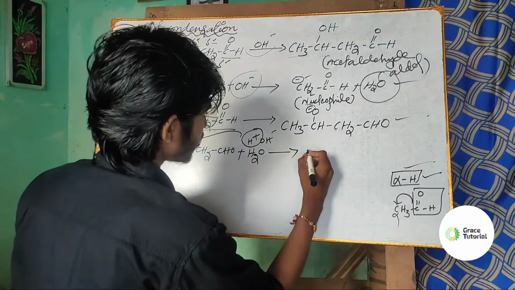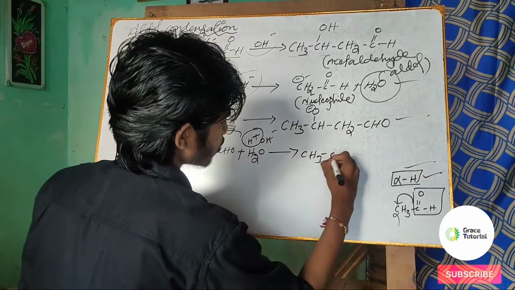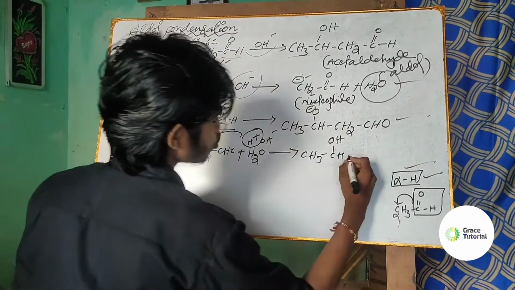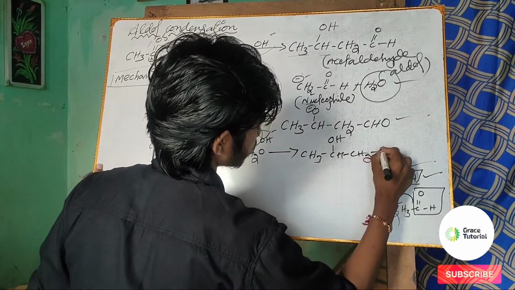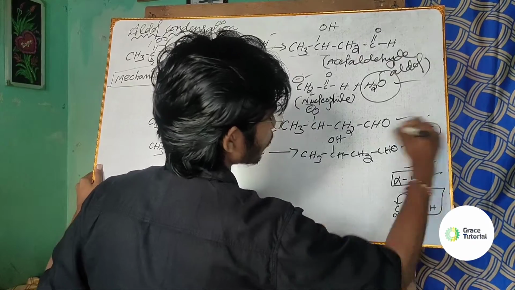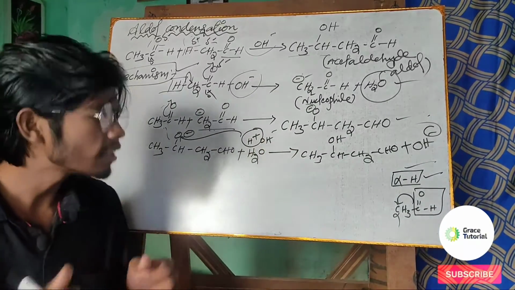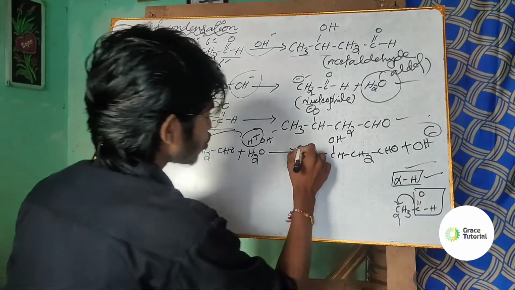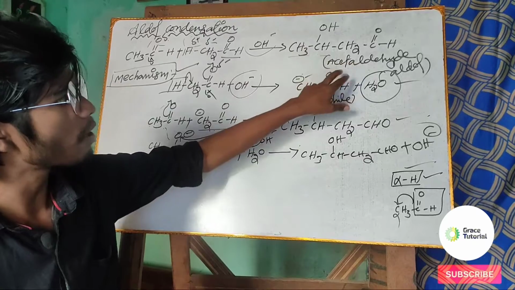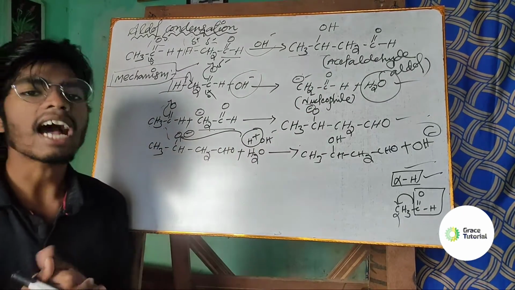So what happens here finally? CH3, CH, single bond CH, now here it is OH, and CH2, CHO. And finally OH minus is obtained. And this is the main product that we need to understand. So this is the mechanism. Finally, the product is obtained, that is acetaldehyde aldol.